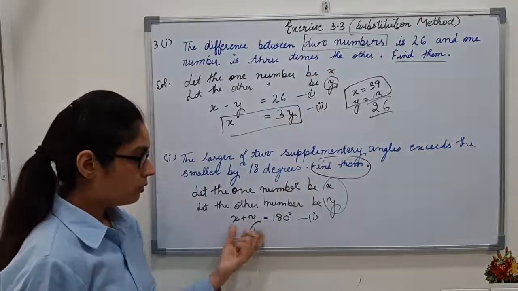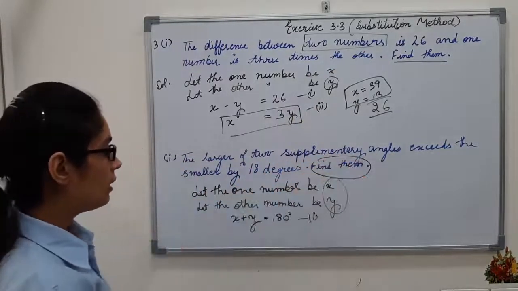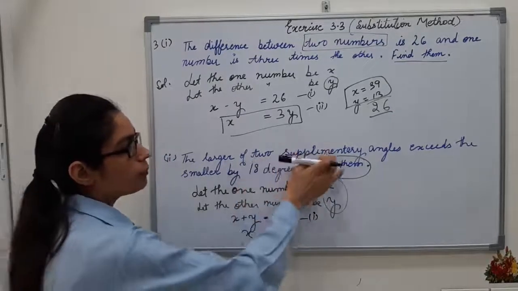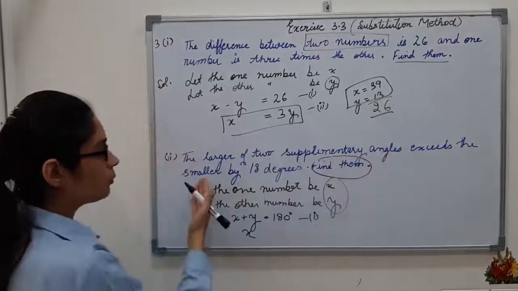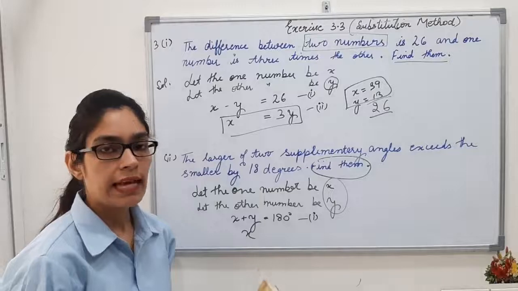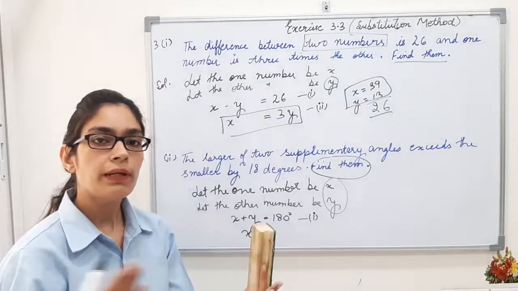So the first equation is done. Now the second: the larger of the supplementary angles, I'll assume it's x. The larger of the supplementary angles exceeds the smaller by 18 degrees. So if my larger is x, then x will be smaller plus 18.